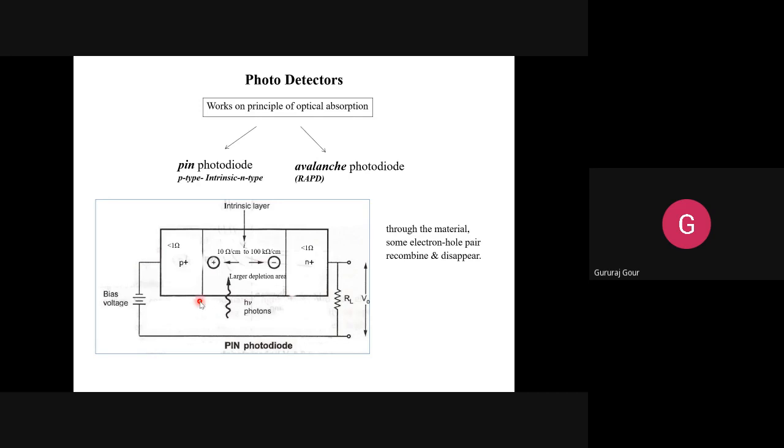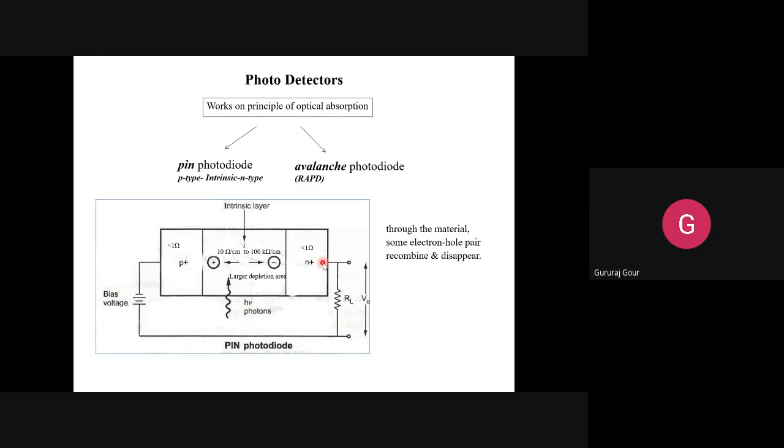So what are the things you have to explain as a part of construction? The P plus and N plus layers are the outermost layers, and the I layer is sandwiched between them. The P plus and N plus layers have higher doping profiles, with large impurities added, which increases conductivity and keeps resistivity around or less than 1 ohm.